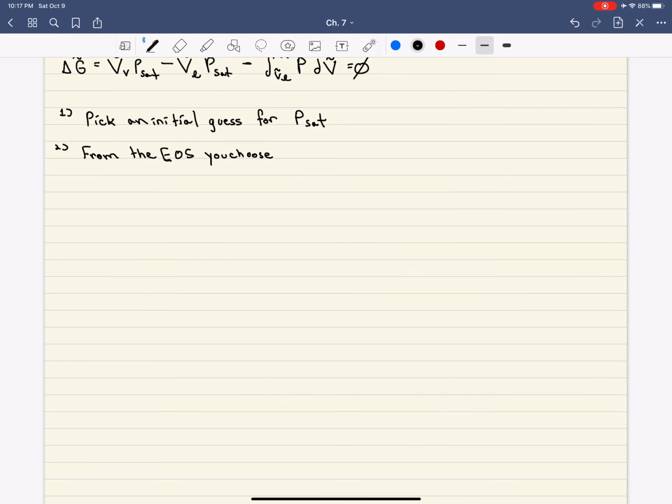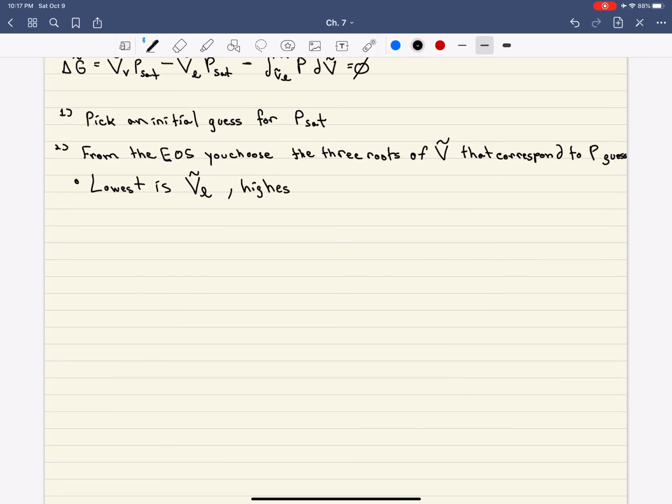what you want to do is you want to calculate the 3 roots of the molar volume that correspond to your pressure guess. Okay? The lowest root, the smallest root, physically would represent the molar volume of the liquid.